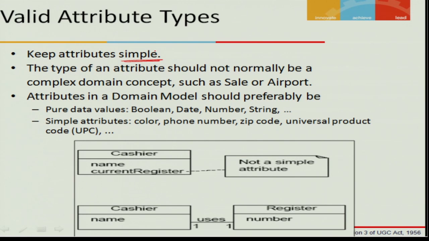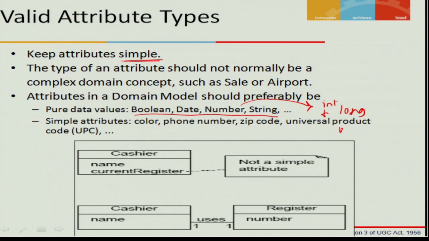The data type of these attributes should be very simple, like primitive data types or pure data values like boolean, date, number, string. You don't have to think like a programmer, where number can be integer, float, long. That is C programming jargon.